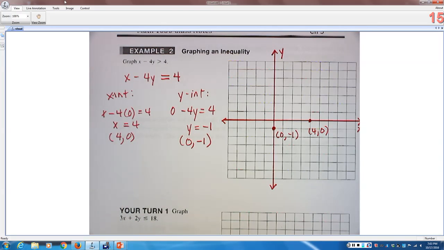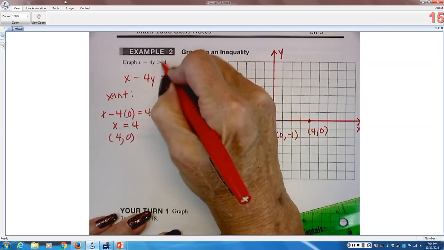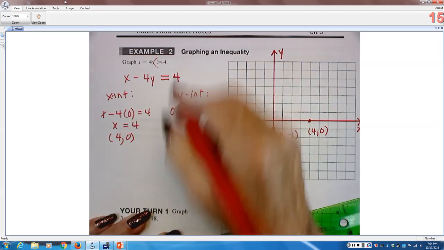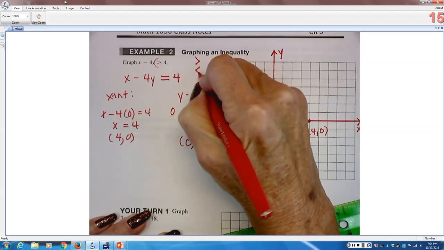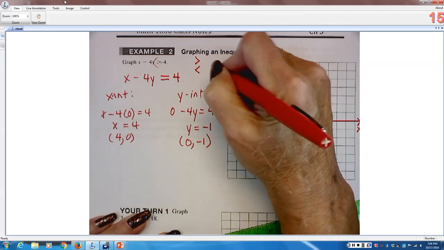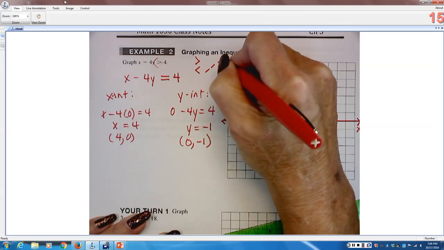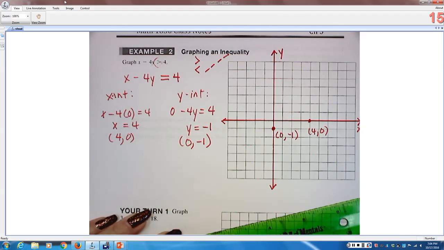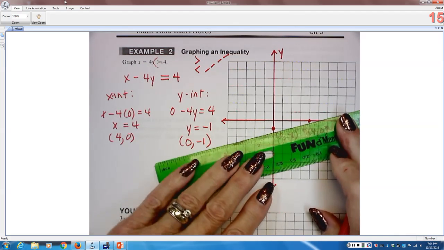And this time we're not going to draw the line as a solid line, because this doesn't include equality. So when you have either greater than or less than without an equal sign, then when you graph your line, you're going to graph it with dashes, because the line actually is not part of the solution.